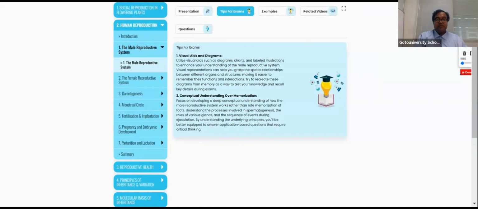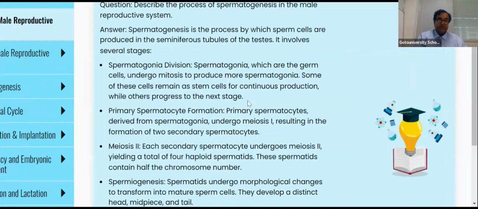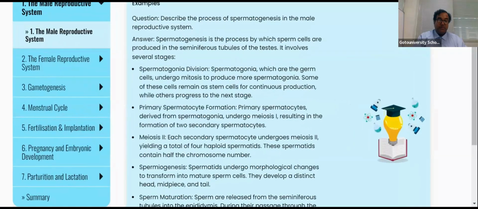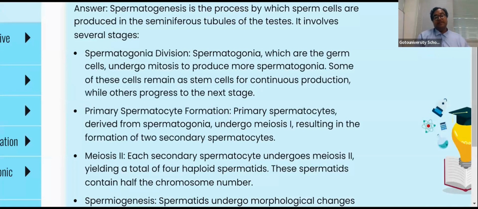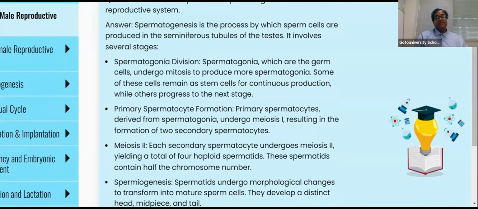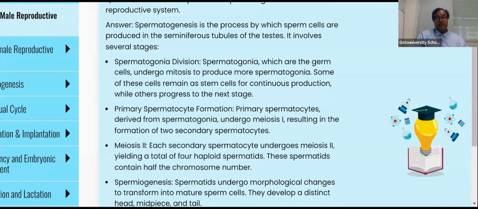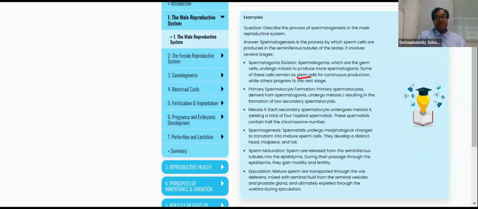So now we are coming to the worked examples. Describe the process of spermatogenesis in the male reproductive system. We know very well everything we discussed as a flowchart just now. But we need to understand that the spermatogonium is also called sperm mother cell, the word I am using for the spermatogonium.